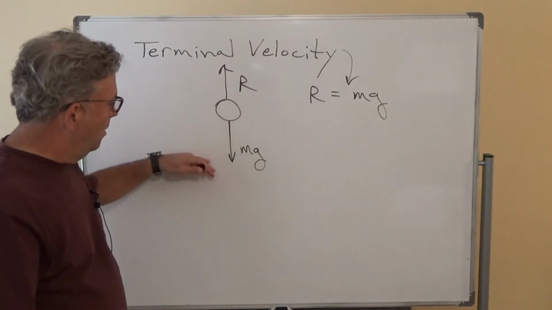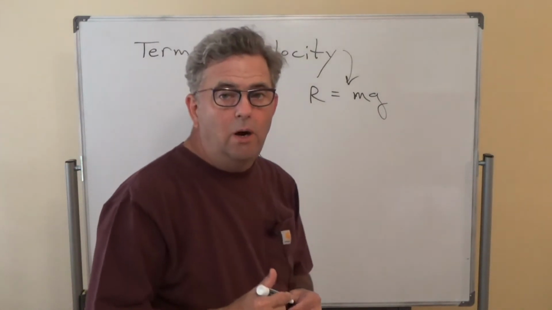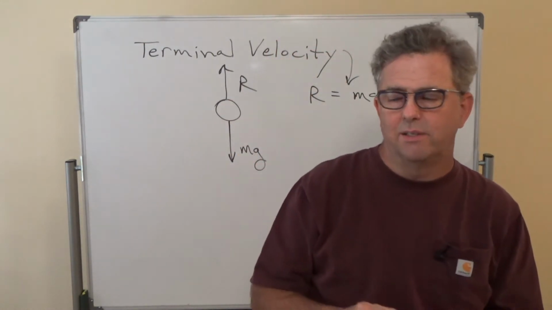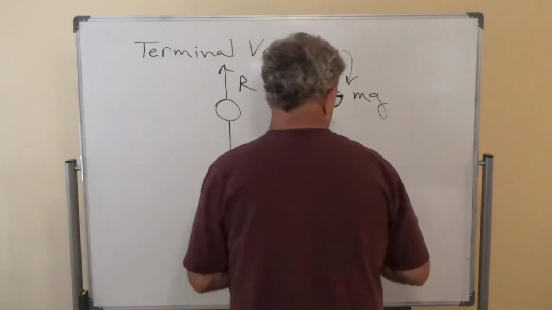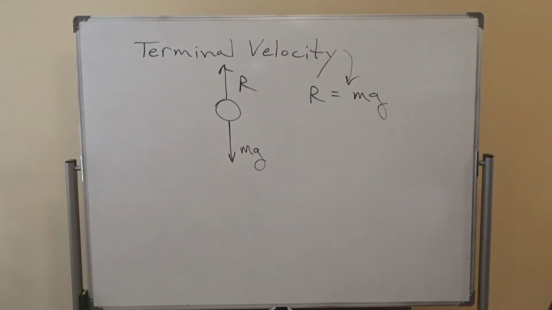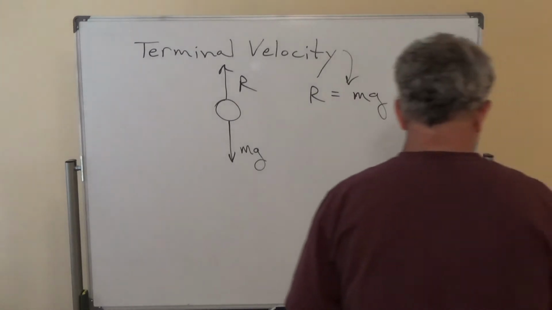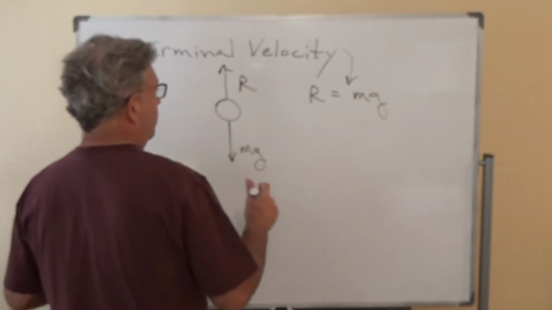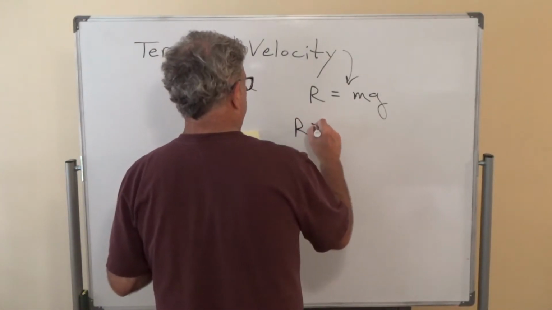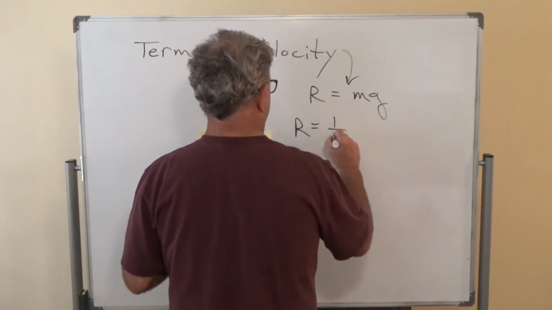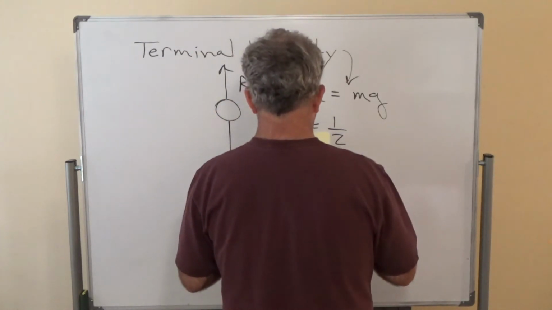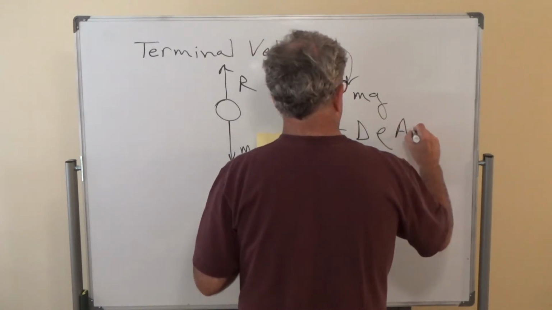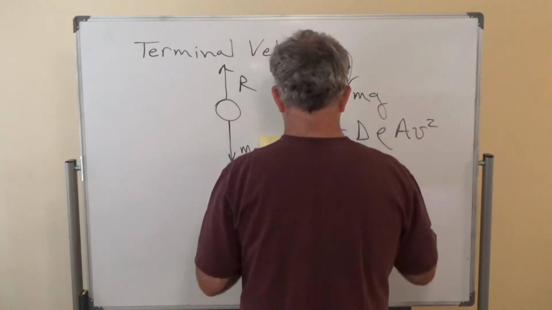The net force on the object is equal to 0, and it falls at a constant speed or a constant velocity. Okay? So here's our model. R is going to be equal to 1/2 D rho A v squared. Okay?